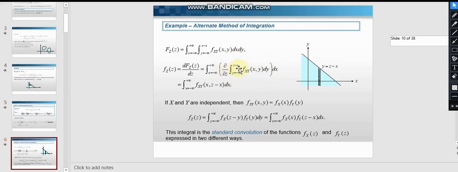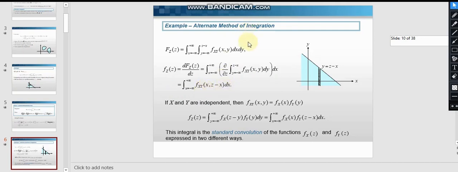First, we will take the derivative of the upper limit and multiply with this function. The derivative of z would be equal to 1, so it will multiply with this function. The derivative of the lower limit would be equal to 0, because this is a constant. Then the third term will contribute. Eventually we will get this term, with x from minus infinity to infinity. This is the PDF of the new random variable z.